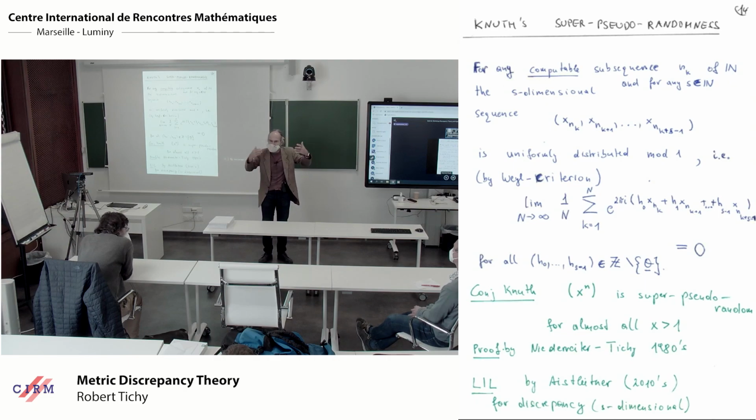For instance, you can ask, does a sequence produced by a linear recurring scheme behave randomly? Now, of course, not in a true sense, because a linear recurring scheme produces a periodic sequence.